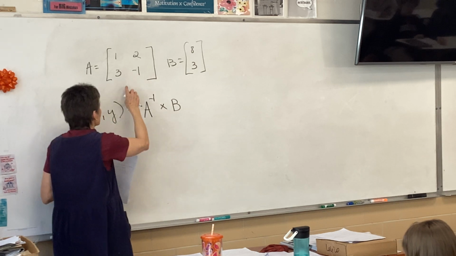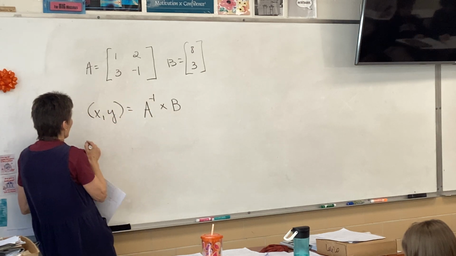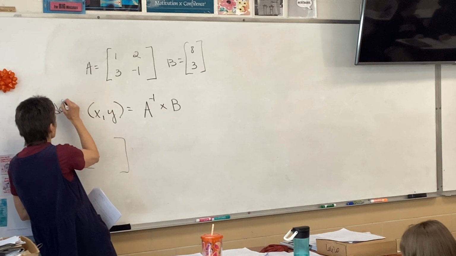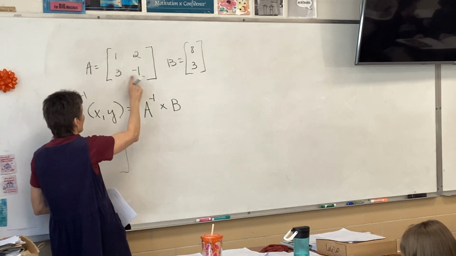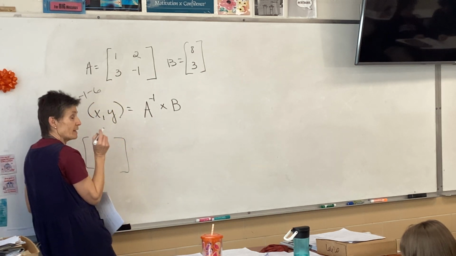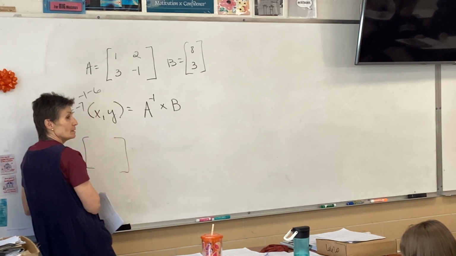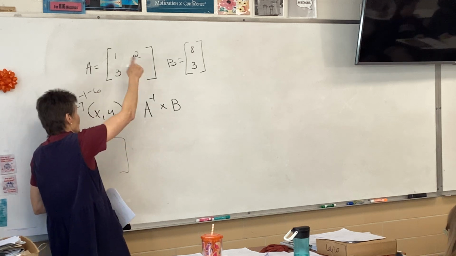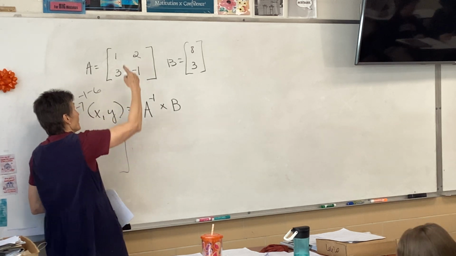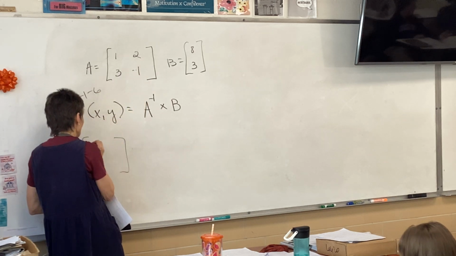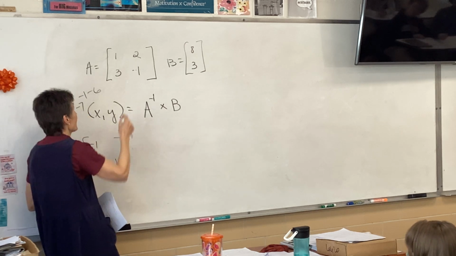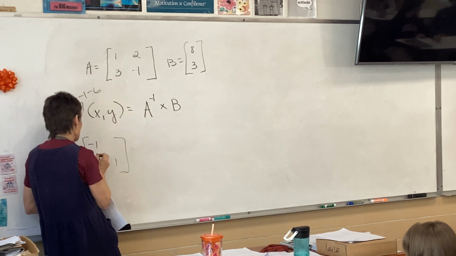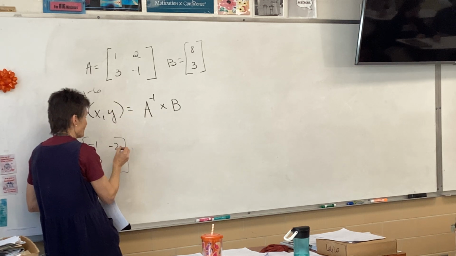To find A inverse, I will find the determinant, and the determinant is -1 minus 6, so -7. Then I will take original A, and I will switch these two. I'm not changing their signs, I am literally moving their position. And then the 3 becomes negative, and the 2 becomes positive.